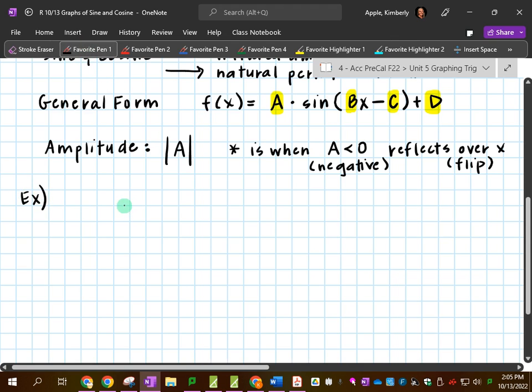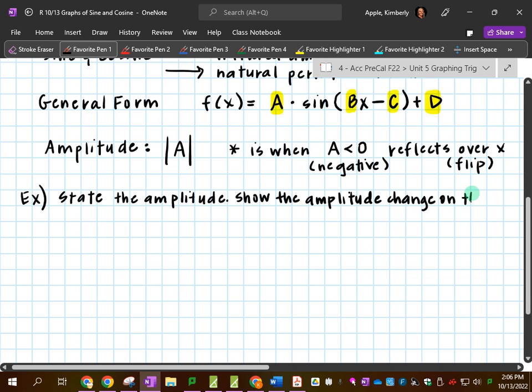Let's do an example. This is really kind of an exercise in organization, so I'm going to show you how I organize it. State the amplitude is the first thing I want us to do in this example, and then I want to show the amplitude change on the graph.